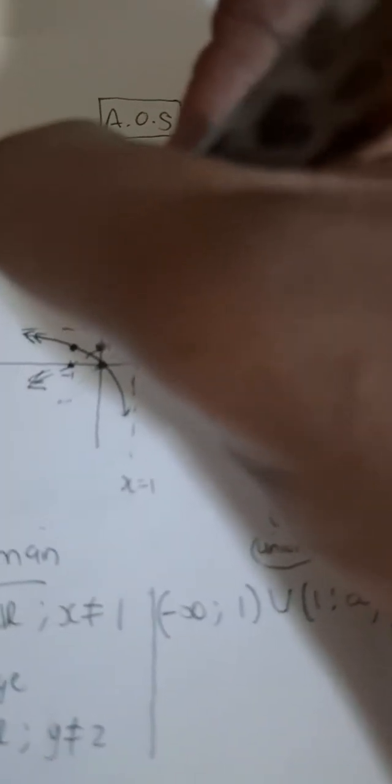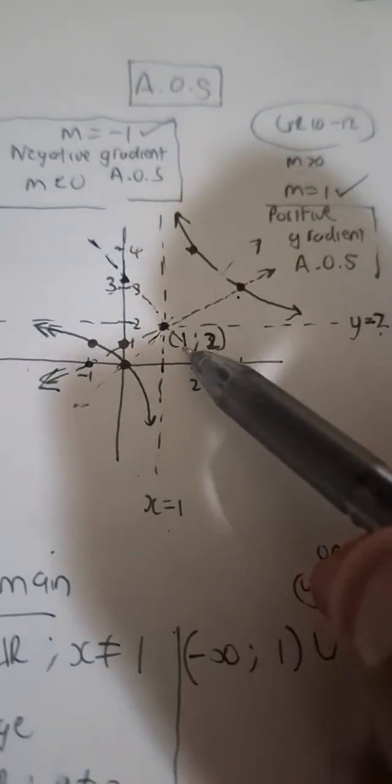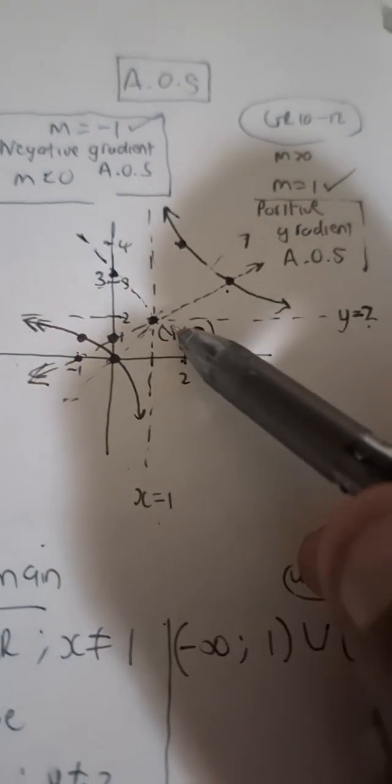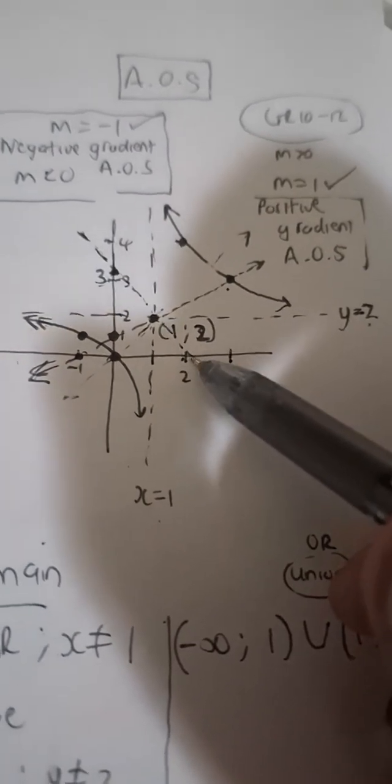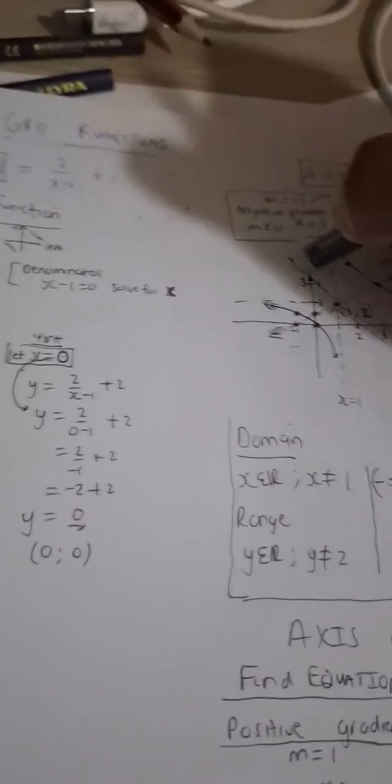Then obviously it's going to pass through the point of intersection, and then it goes on and cuts the x-axis at some point. To find out where it cuts the x-axis, we let y be equal to 0, then we solve for x. When we solve for x, we get x is equal to 3.